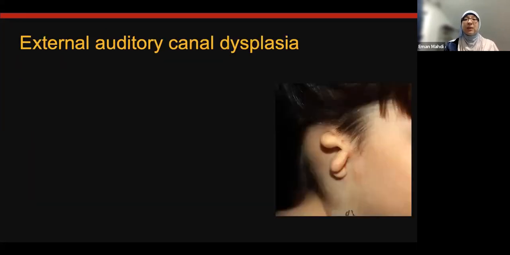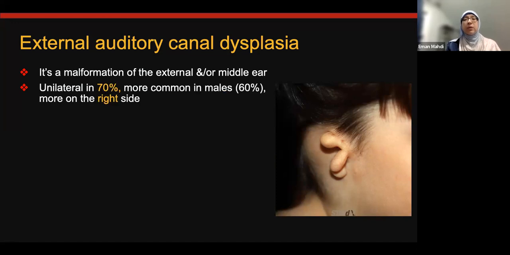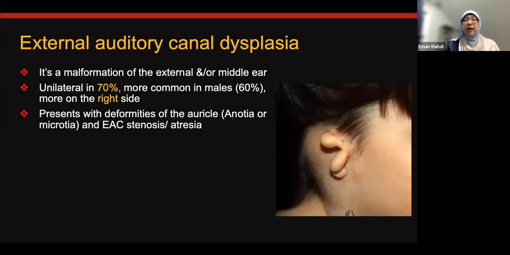So starting with the external auditory canal, we have the dysplasia. You can see on the picture an abnormality with the shape of the external auditory canal, but it can also be external and middle ear. 70% are unilateral, 60% of these in males and more on the right side. As we said, there can be a deformity of the pinna of the ear or the auricle, so either anotia or microtia, with some external auditory canal stenosis or atresia.